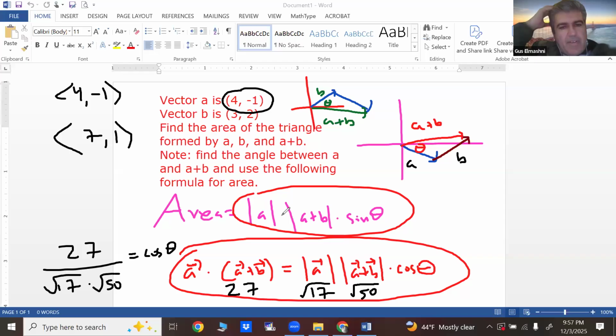I did something wrong here. 16 plus 1 is root 17. Is this for finding the angle? Yeah, I just get cosine theta is 1.05. That shouldn't make sense.